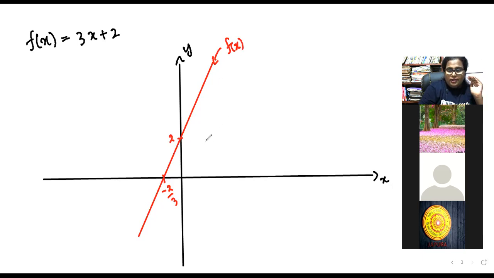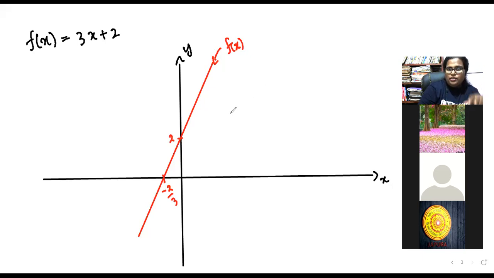So when you are drawing the two graphs f(x) and f inverse x in one sheet, you must mention clearly what is f(x) and f inverse x. Otherwise I don't know which is your f(x) function and which is your f inverse x function.